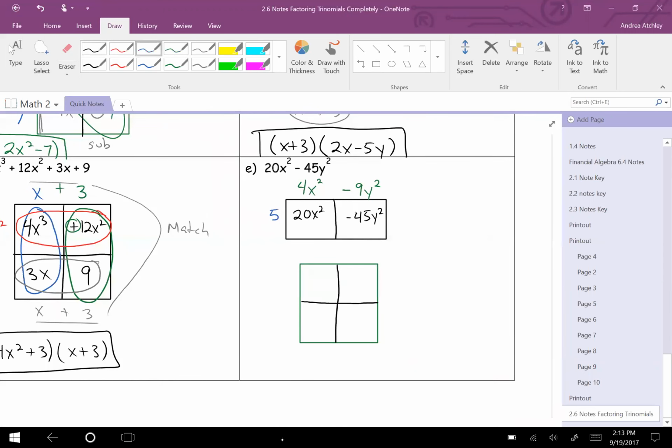I want to first make sure I move that 5 down so I don't forget about it. Oopsie. And I forgot about my circle in the middle.